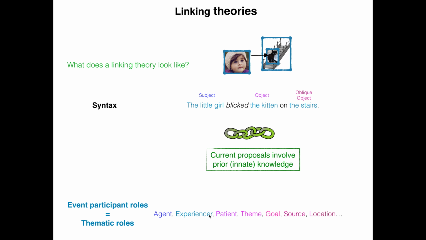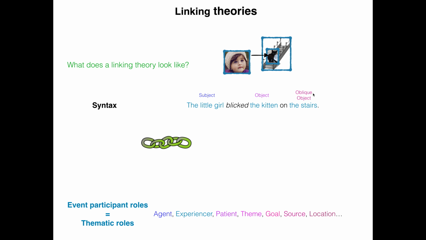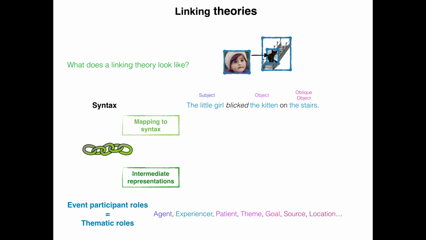So you have an agent or an experiencer or a patient or a theme or a goal or a source or a location, any number of event participant roles that map to these thematic roles. And you also have the syntax, knowing about, say, the subject and the object and the oblique object position. And so what each of these linking theories looks like is first there's an intermediate representation, and then there's a mapping to the syntax from that intermediate representation.